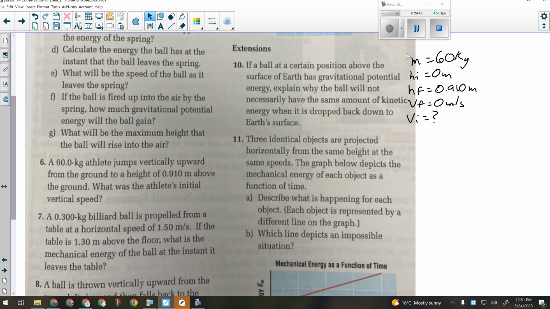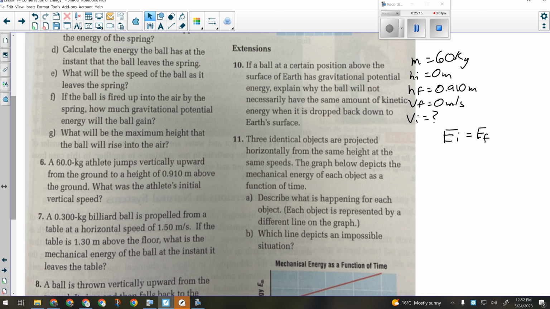Now, is their total mechanical energy the instant they leave the ground the same as it is at their maximum height? It's the same, because there's no work being done in between. Whatever energy they leave the ground with is all the energy they are ever going to have. So at their maximum height and on the ground, they have the same amount of mechanical energy.